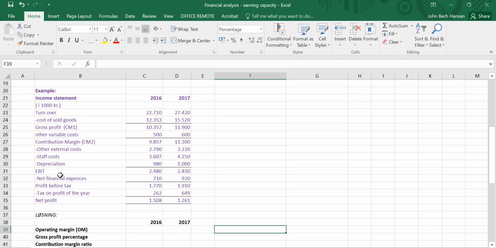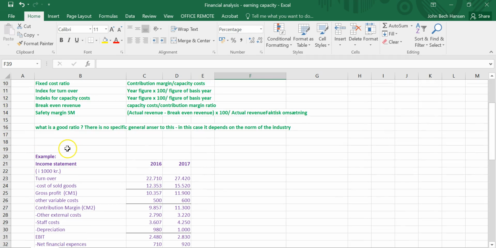So it's just to say that we are talking about two different things: the external profit and loss account, which can be analyzed as well, but normally we would like the internal statement to analyze the situation in the company.